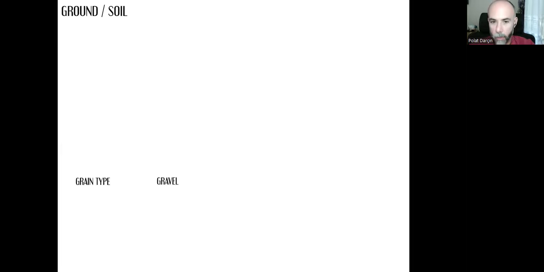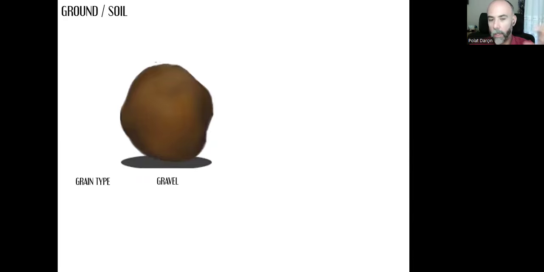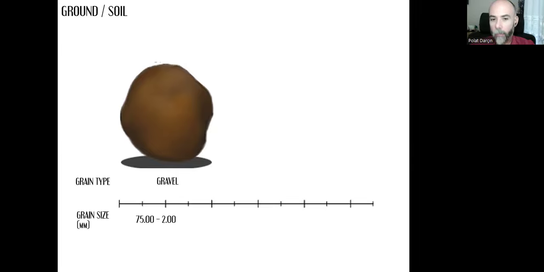The first one is gravel. It's not a specific type of natural stone or the name of the stone, but the size. When we say gravel, it defines a specific grain size. Mostly it's between 75 millimeters and 2 millimeters.